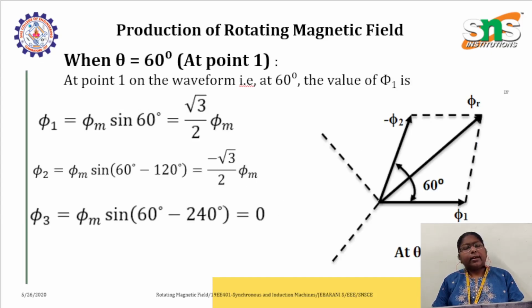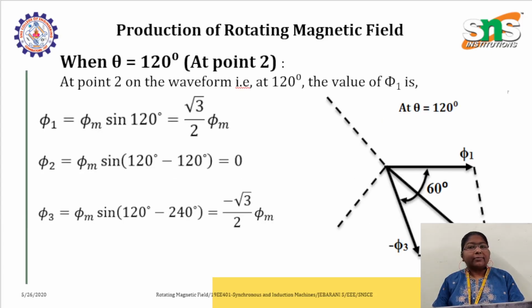Similarly, at theta equal to 60 degrees, phase 1 and phase 2 exist and phase 3 diminishes. Here also, the magnitude of flux is 1.5 times the maximum value, but the orientation of the vector is different.